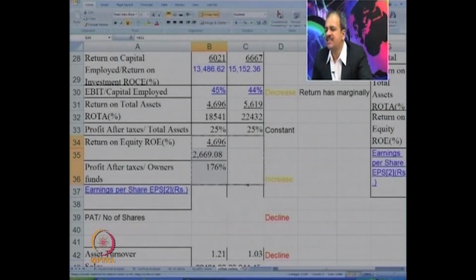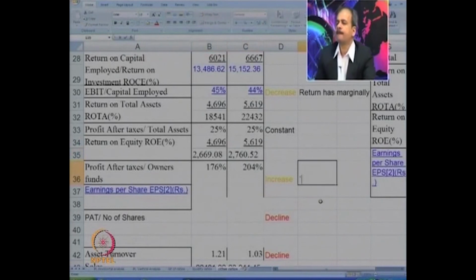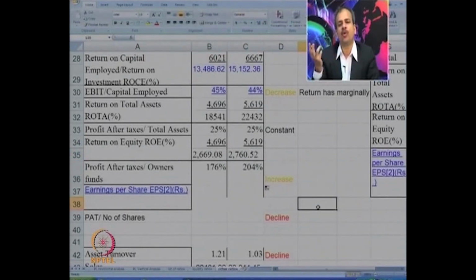So, 176% is the amount and now it has significantly increased, it has become 204%. So, there is a positive change for the company that the profit has gone up as far as the owners are concerned. So, vis-a-vis the owners fund, the profit has increased.